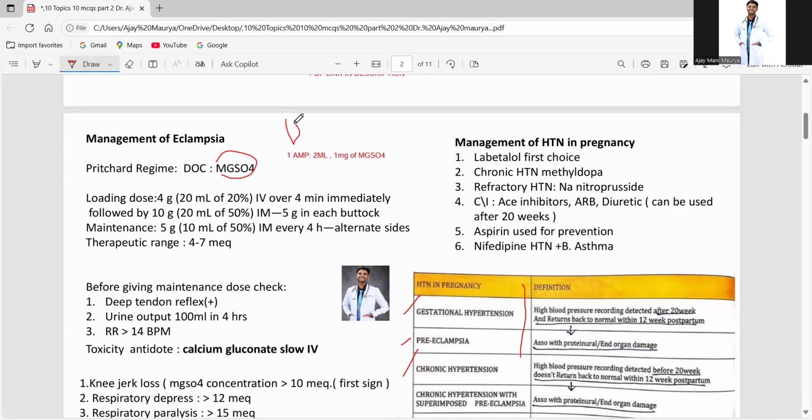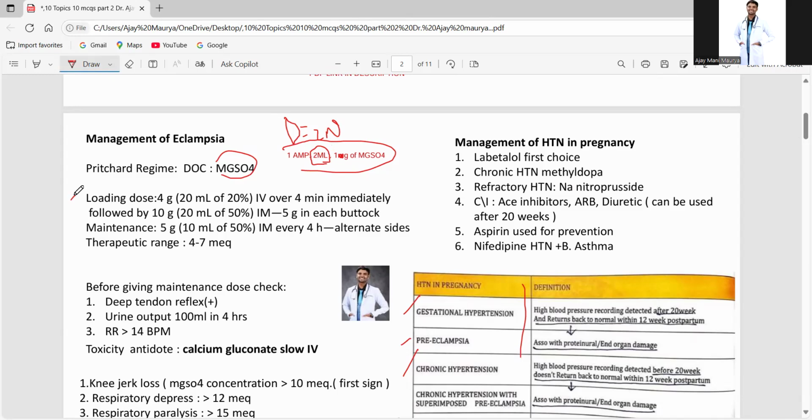In one ampoule of magnesium sulfate, we have a total of 2 ml of solution, and in that 2 ml we have 1 gram of MgSO4.